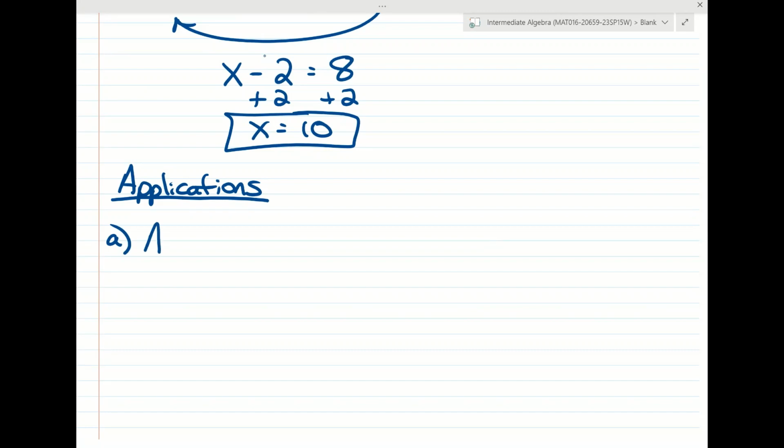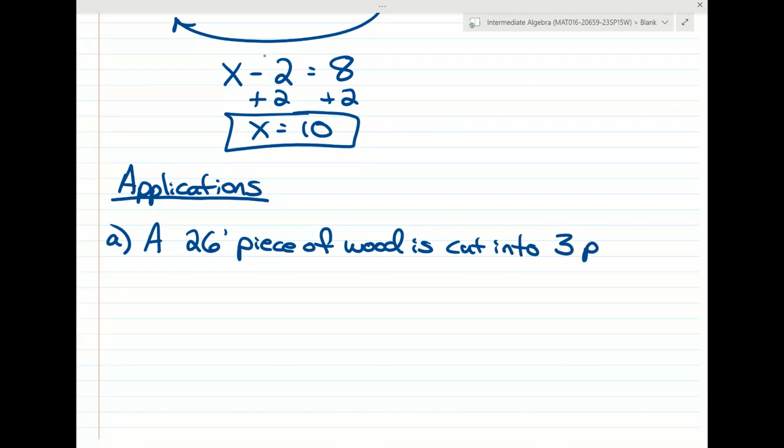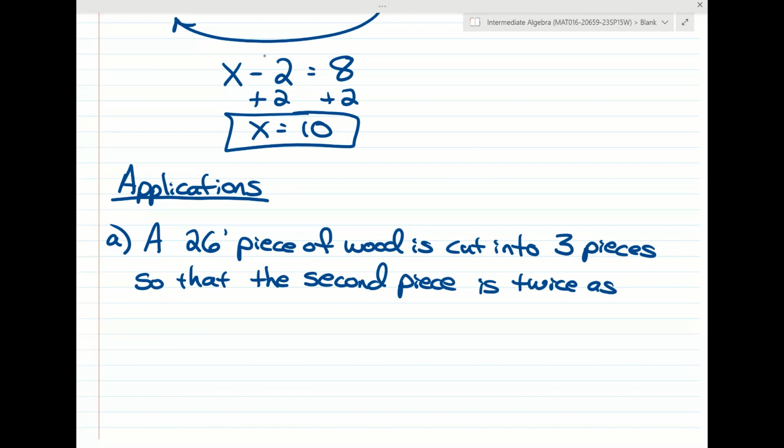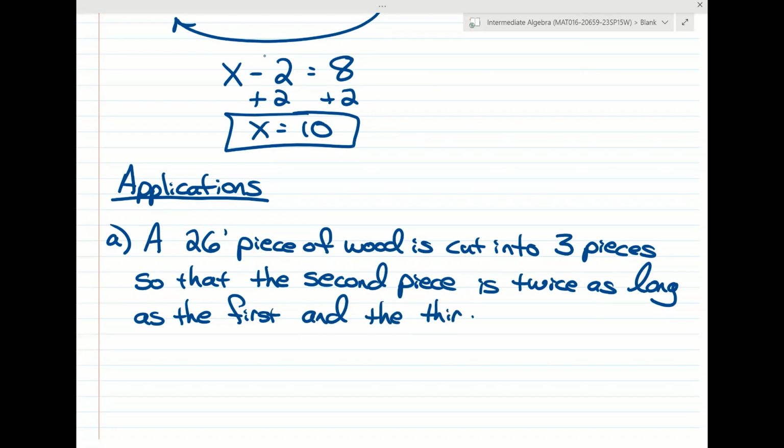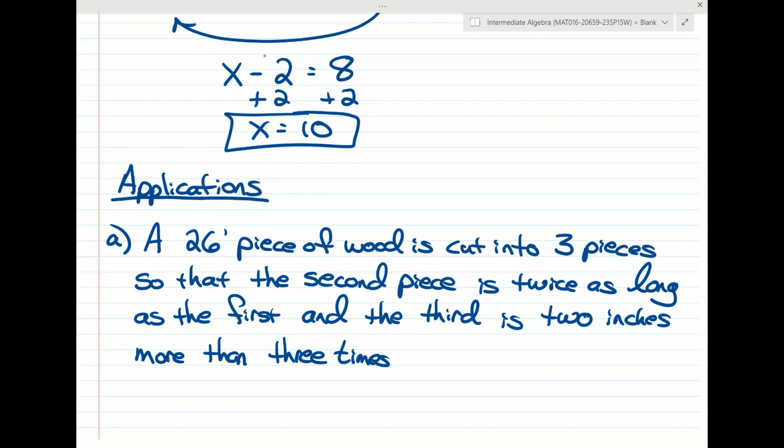First problem says a 26-foot piece of wood is cut into 3 pieces so that the second piece is twice as long as the first, and the third is 2 inches more than 3 times the length of the first.